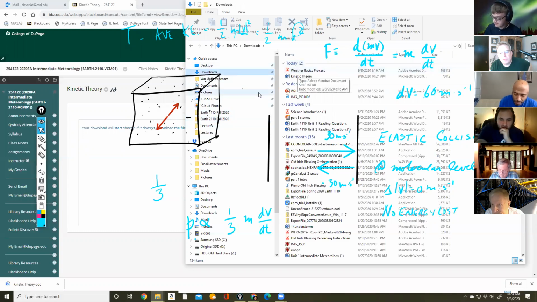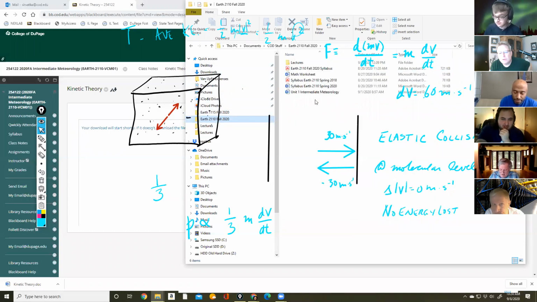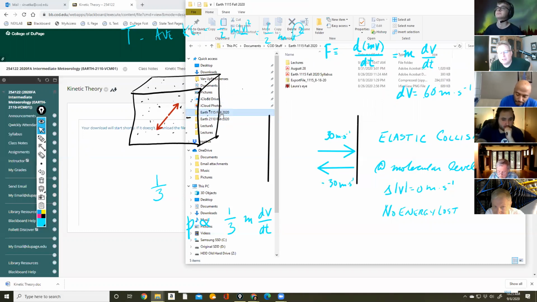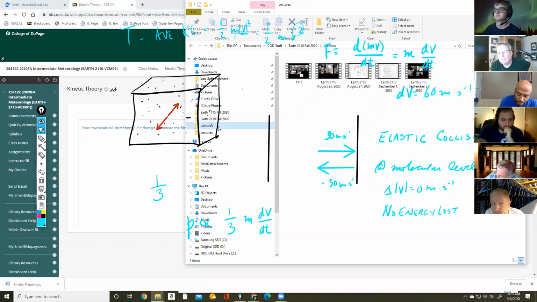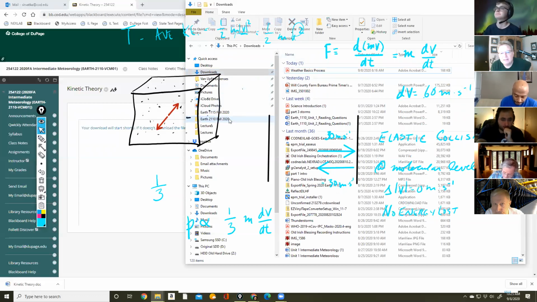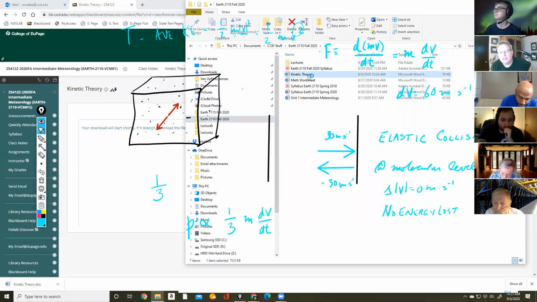Security warning, unknown publisher. I think I'll be fine. Where'd it go? Can this not open it? I must have put it someplace else. Where did I move it to? Oh, here, it's still here, kinetic theory. I need to move it into that. There we go. There's kinetic theory.